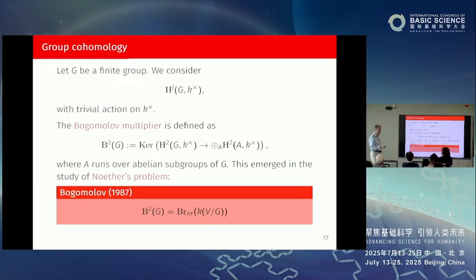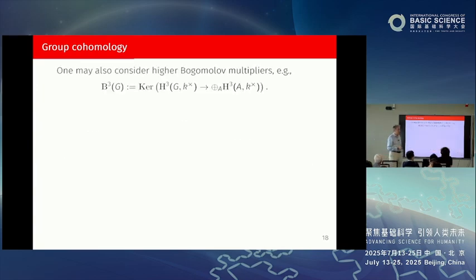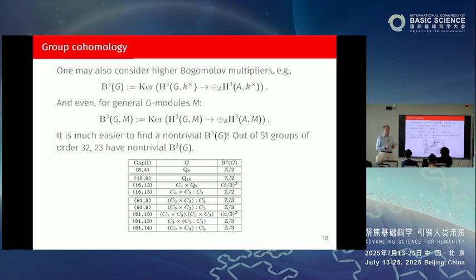There is a list. In fact, you can Google Bogomolov multiplier, and you'll find a web page which has tables of these things. Now, we can also consider analogs of this for other cohomology. How about H3 of G with coefficients in K star? Or even more generally, suppose you have a G-module M, then we can do the same thing.